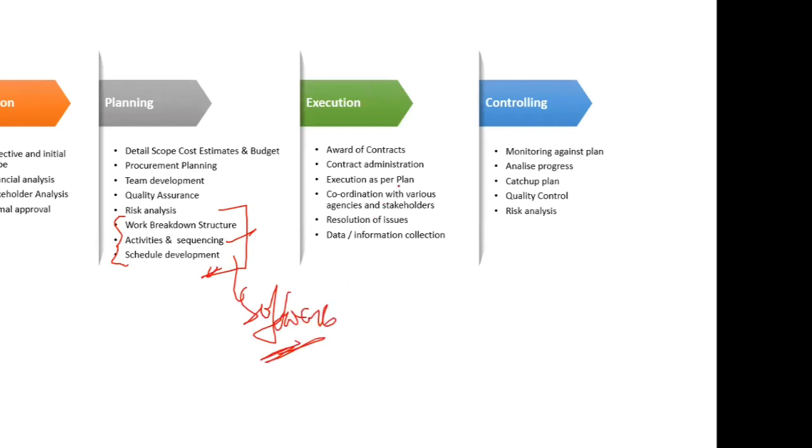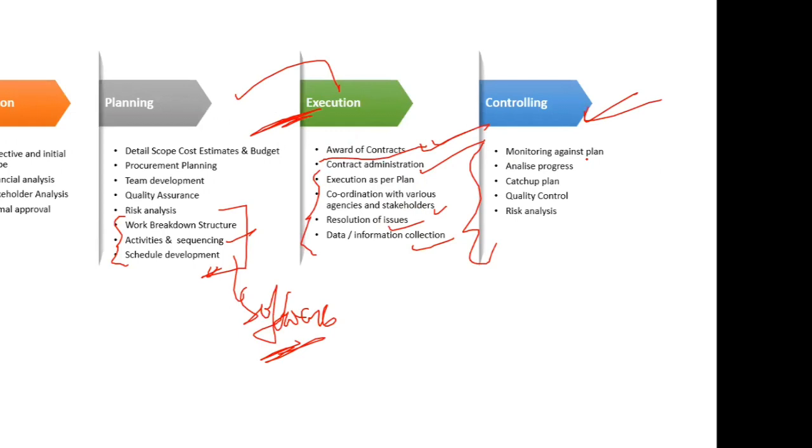Now, execution: award of contract. Definitely, it is going to be the stage in the middle of planning and execution. Before the execution starts at site, you need to award the contract. Then contract administration, and execution as per plan. Coordination with various agencies and stakeholders, resolution of issues, and data and information collection all come into the controlling stage. You will monitor against the plan.